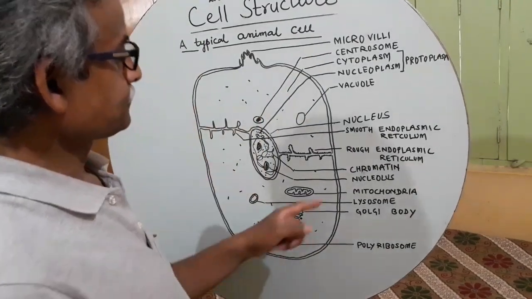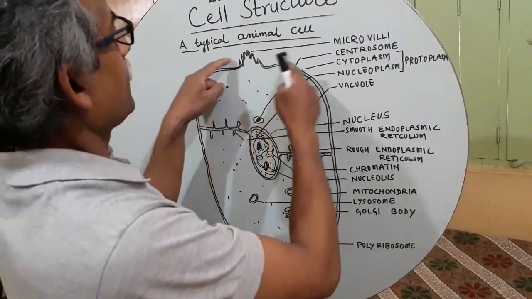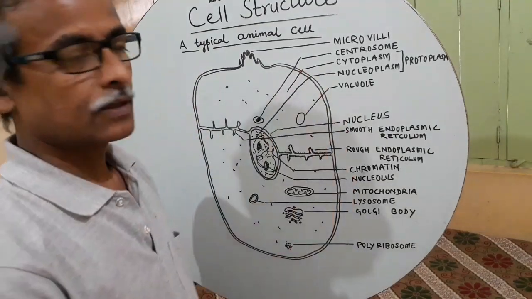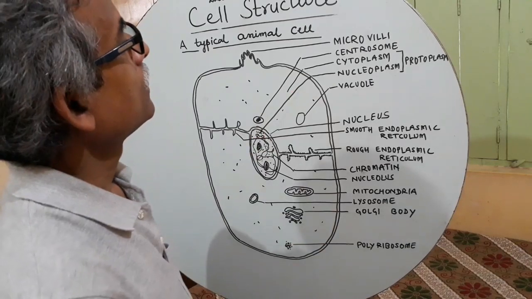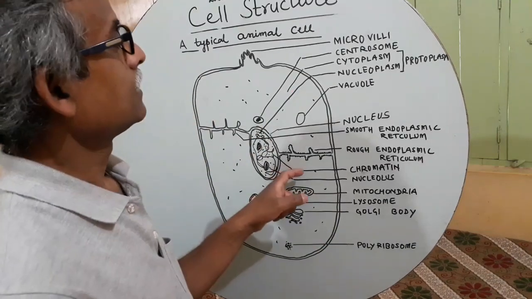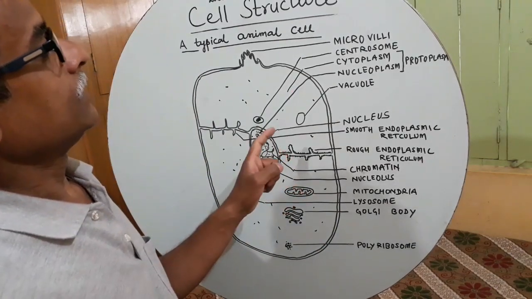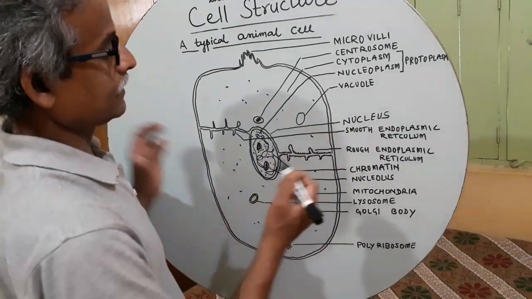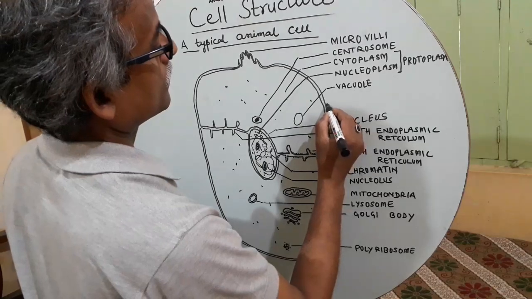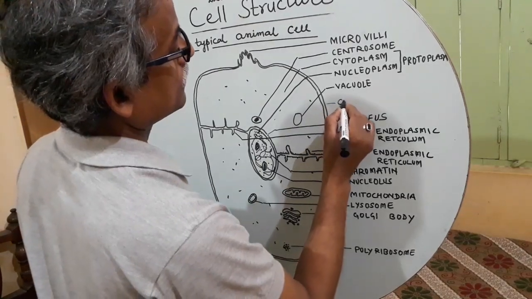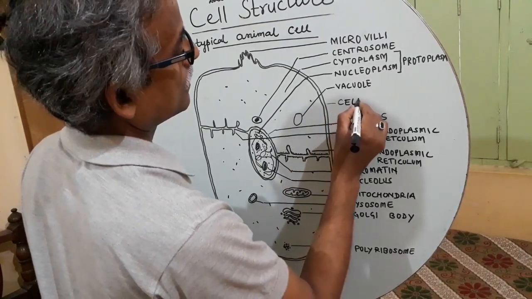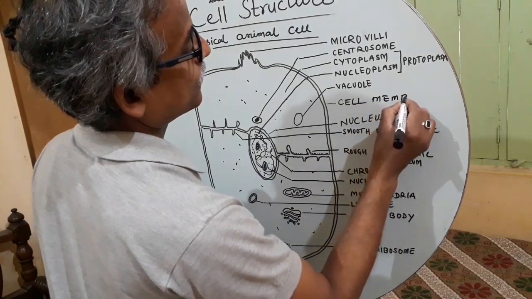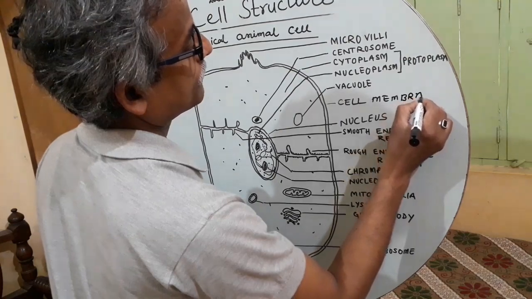Look at this diagram. You see a double layer boundary. This boundary of the cell is cell membrane.